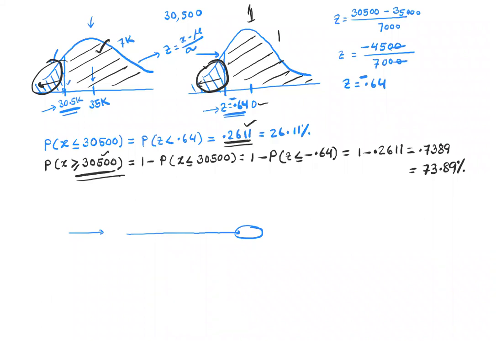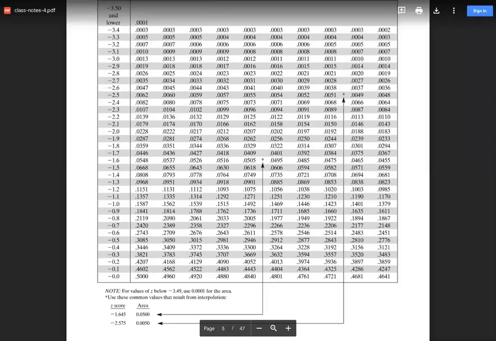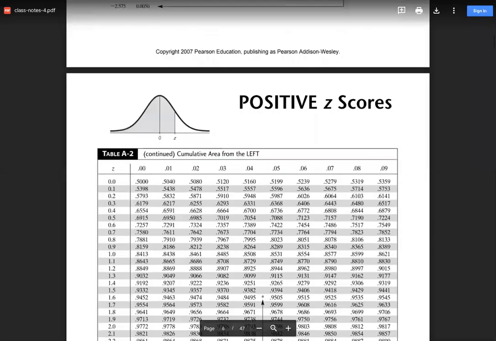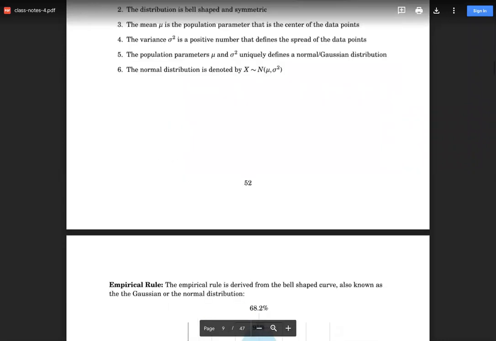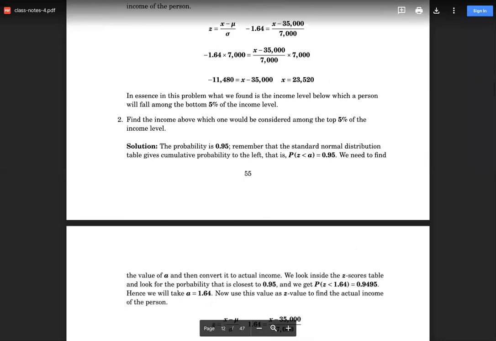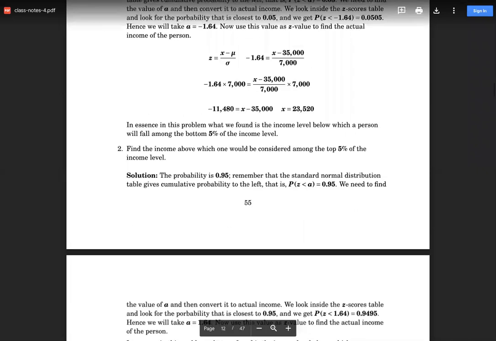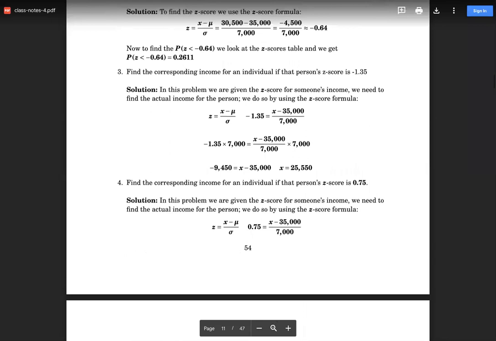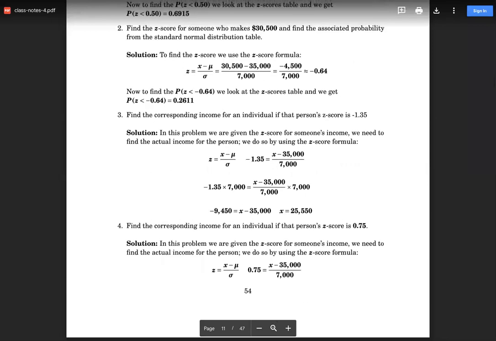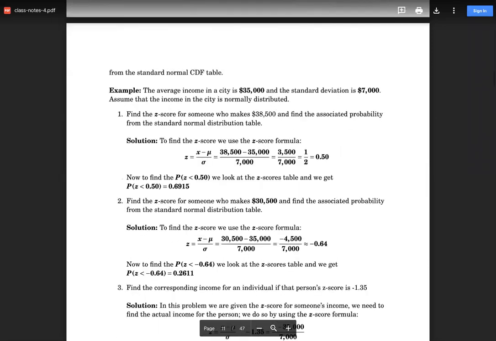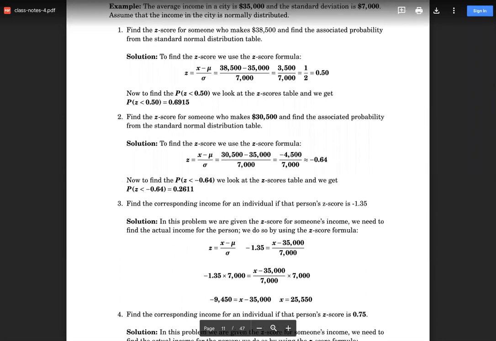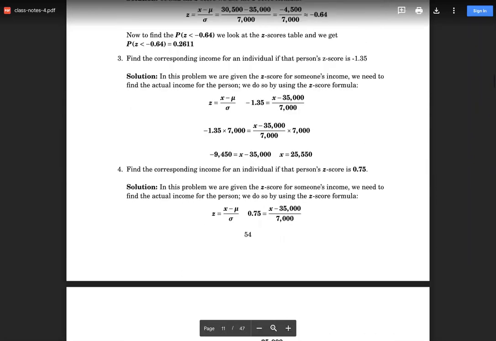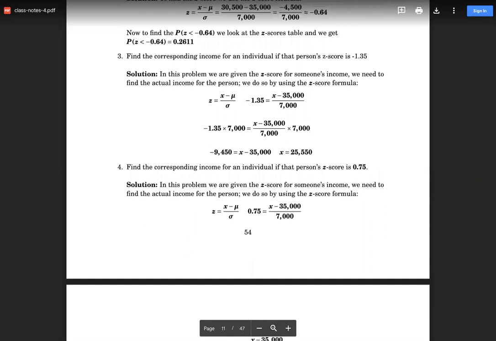All right, next. We did it for this one, 30,500. Now the next two problems are slightly different.